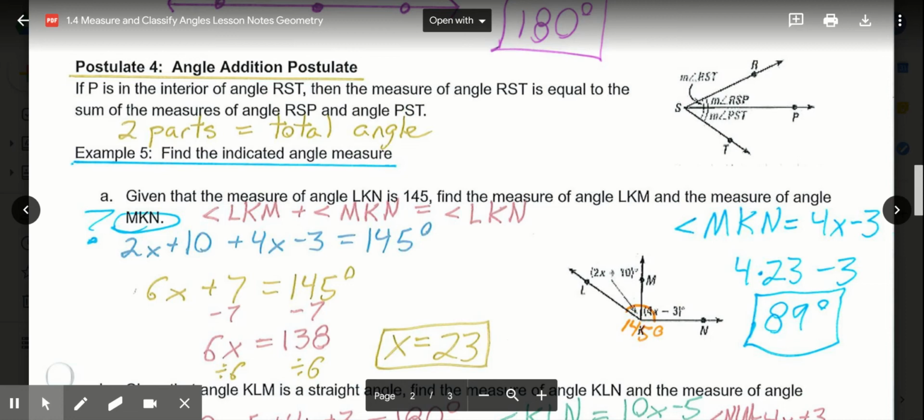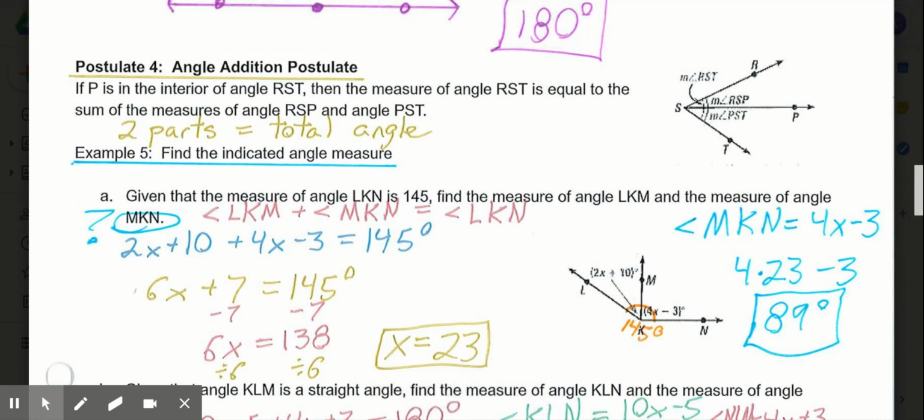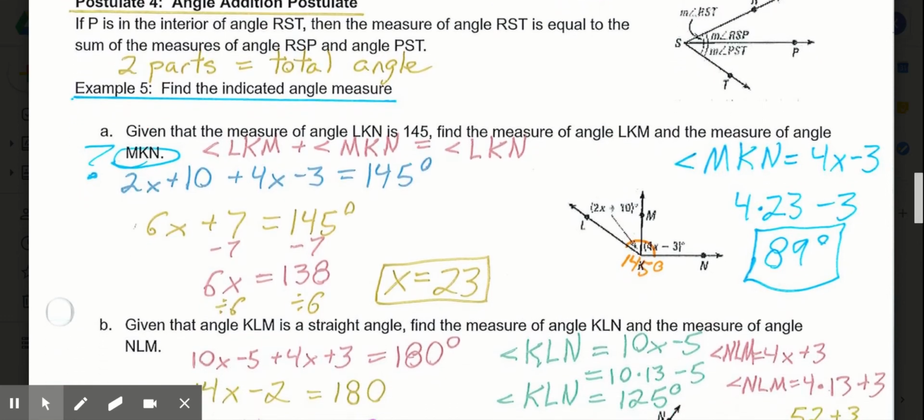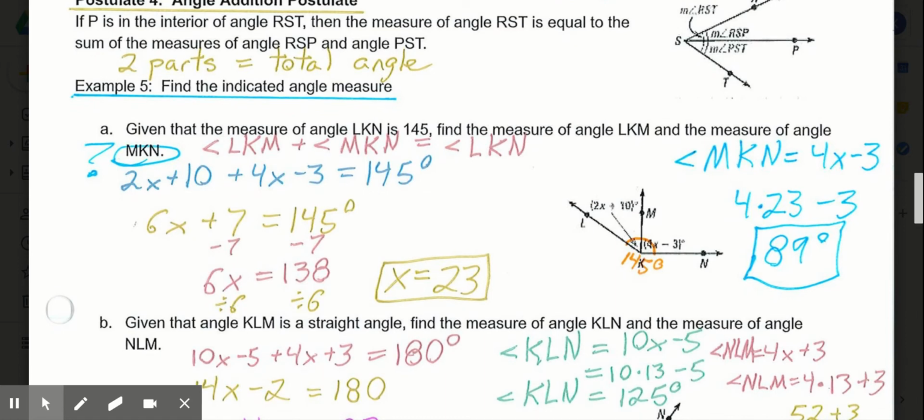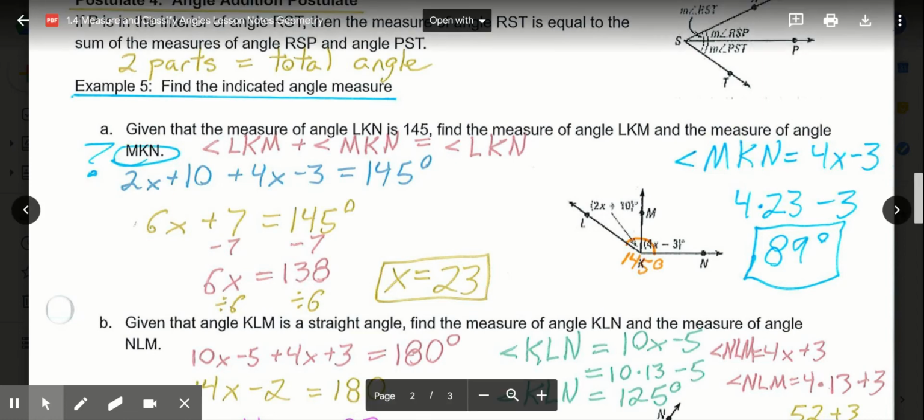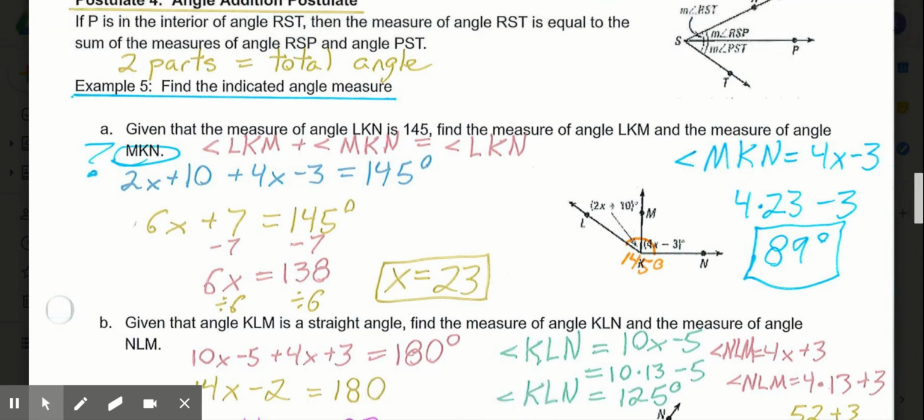In example 5, it asks us to find the indicated angle measure. They gave us some information. Given the measure of angle LKN is 145 degrees, find the measure of angle LKM and the measure of angle MKN. Looking at my diagram, LKN, this big whole angle, is 145 degrees.